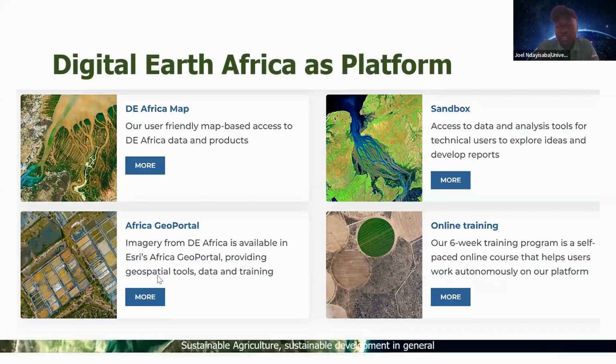Online, I found the Sandbox platform, where I accessed data and analysis as a tool for technical GIS and remote sensing users, where I explore different ideas and report, as I presented before.